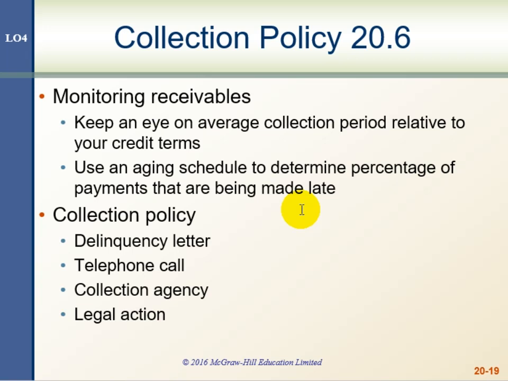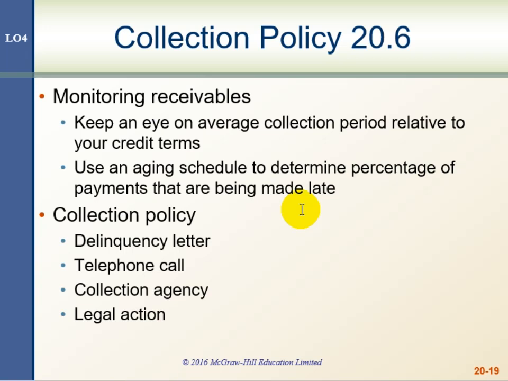The older ones, of course, are the ones that have been in default for some time, and those are the ones you're going to be working really hard to try to collect. So that aging schedule helps you keep track of the payments which haven't been made. On average, your average collection period is a measure of how late your customers are paying.